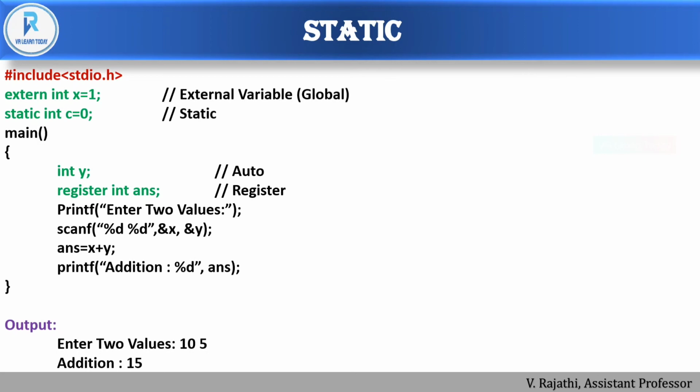Inside the main function, I'm using int y. By default it is considered as auto, so there is no need to mention the auto keyword. If you mention it or not, the meaning is that it's auto. And register int ans: the ans variable is stored in a register instead of RAM, so we cannot use ampersand for ans to get the address. This is one example for all the storage classes.